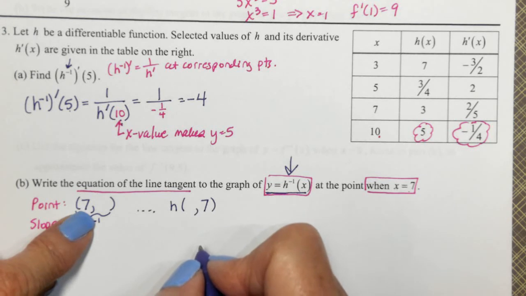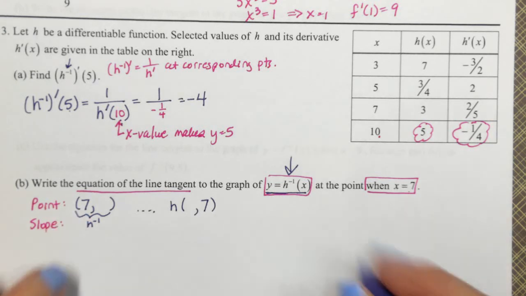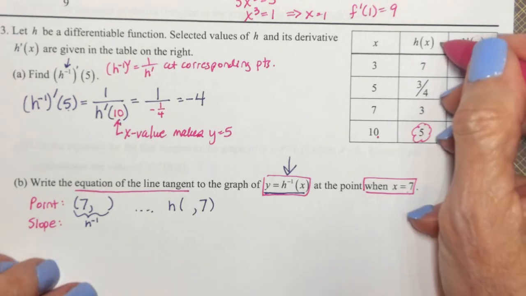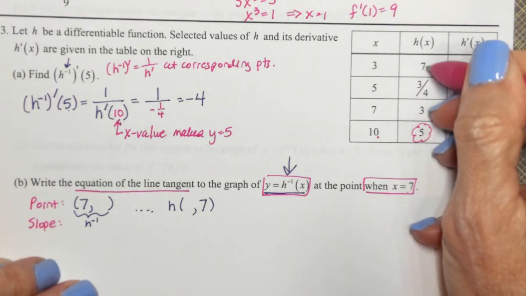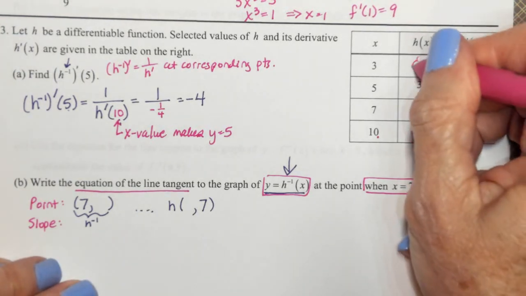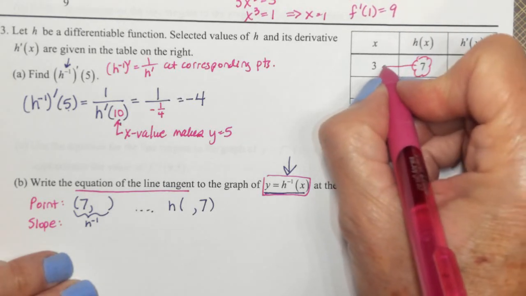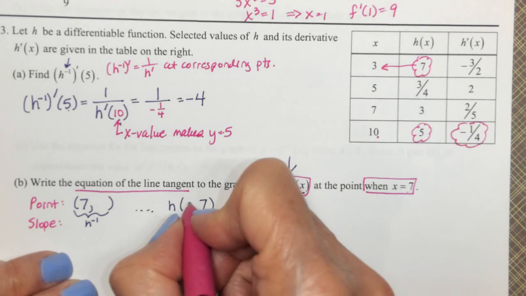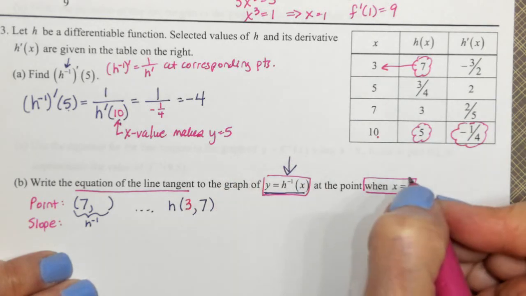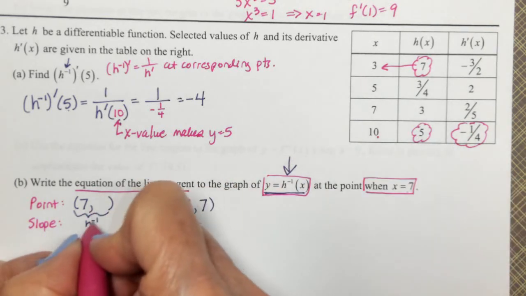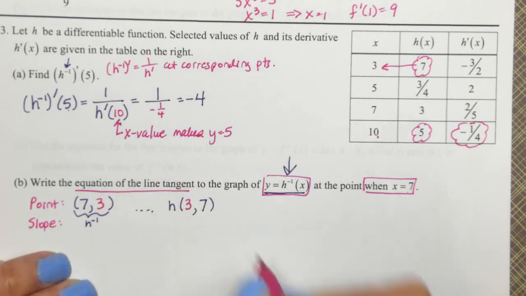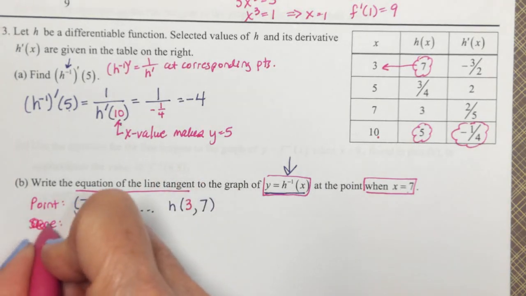Which point on H has y-coordinate 7? Well, if I go to the graph of H, I'm going to go to where y is 7. There's where y is 7. Its x-coordinate is 3. So H inverse's y-coordinate must be 3.